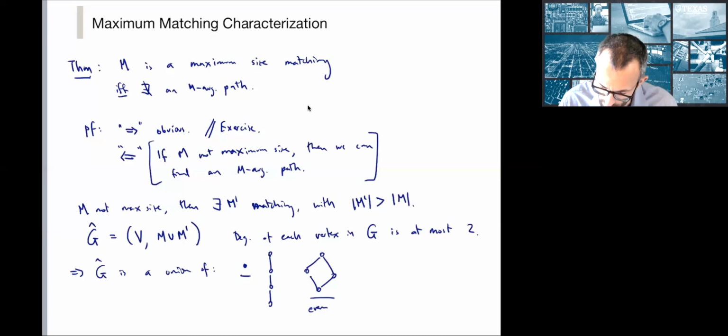So now if I look at all the paths, they could be even length or odd length.